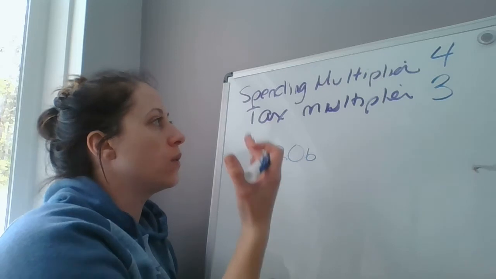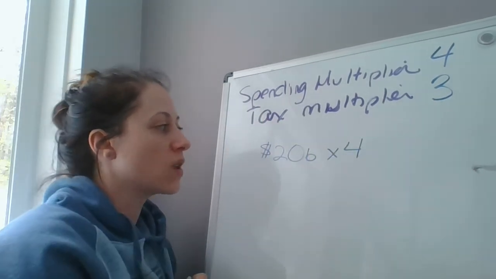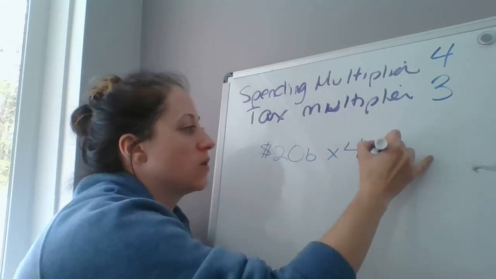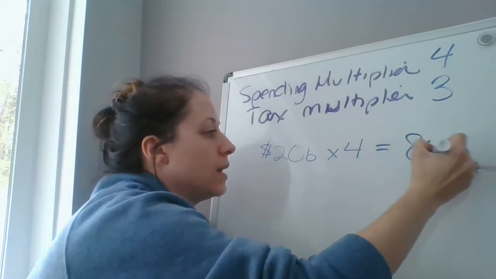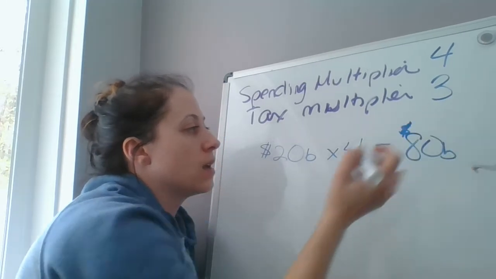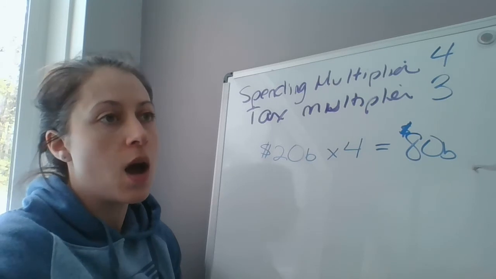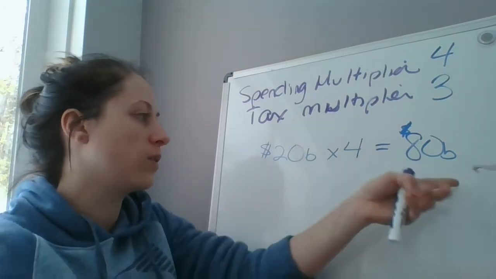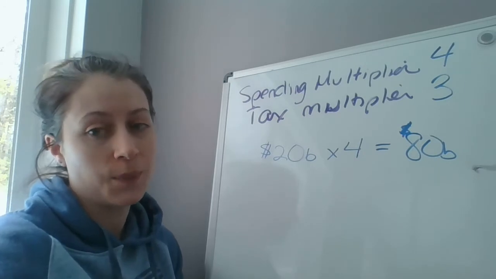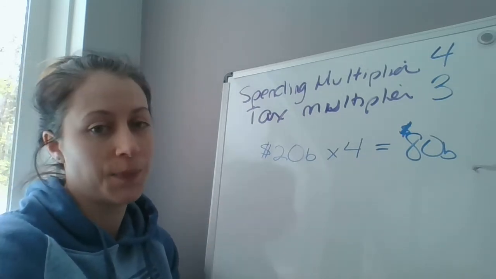If you know that your multiplier is 4, because we've already done the calculations, 20 billion times 4 is going to equal $80 billion of additional spending, because of that multiplier.